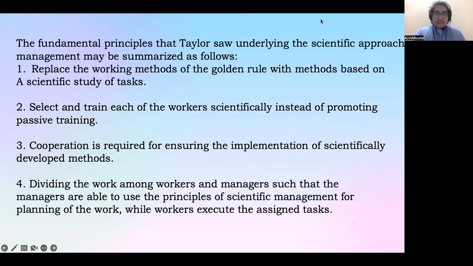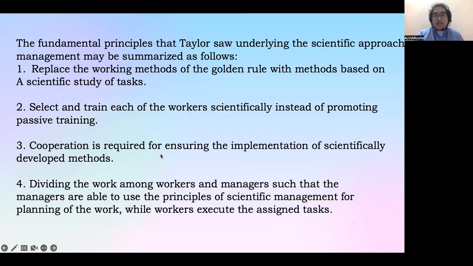The fundamental principles underlying Taylor's scientific approach to management may be summarized as follows. Number one, replace the rule-of-thumb working methods with methods based on a scientific study of tasks. Then next, select and train each of the coworkers scientifically instead of promoting passive training, which is good din naman. Itong mga principles ni Taylor.